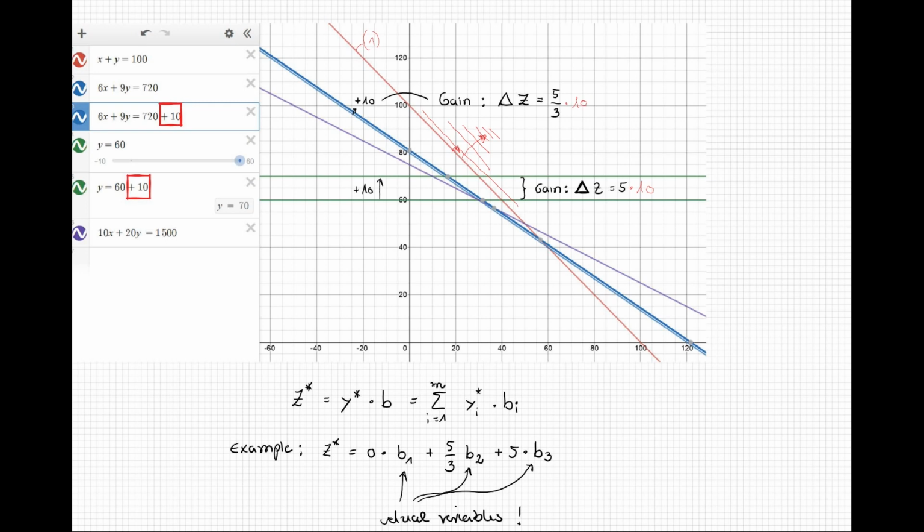For instance, if we increase our third constraint, given here by the green line, then we would gain a value of 5.